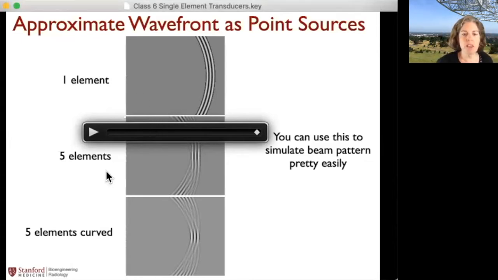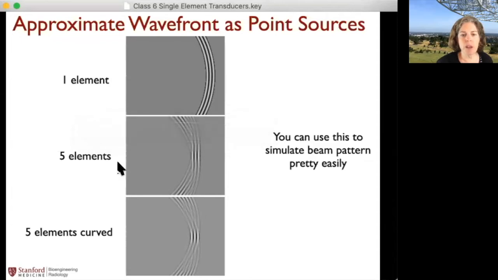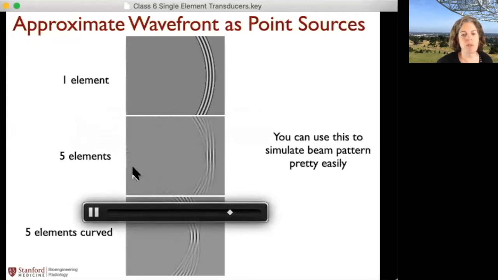Now this one's really interesting. For this one, I have 5 single points. Each point is going to send out a spherical wave, and there's going to be constructive and destructive interference. If we play that back, initially you see each of those spherical waves coming out, and then later in time, the initial interference pattern is kind of garbled right up there in the beginning.